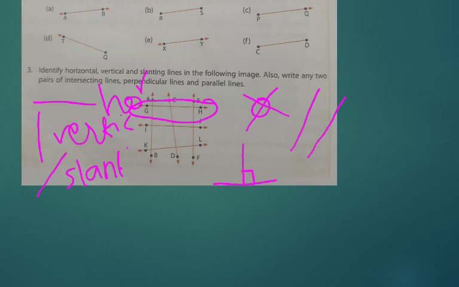Again, IJ is a horizontal line. You can't say KL because it is slightly deviated from the straight line. Therefore, it is not a horizontal line. So what are the horizontal lines then? GH and IJ are the horizontal lines.